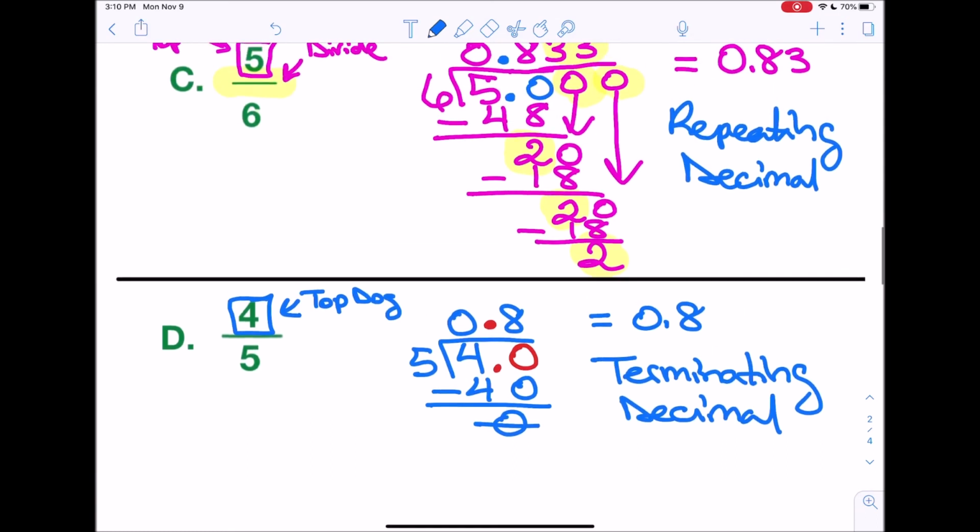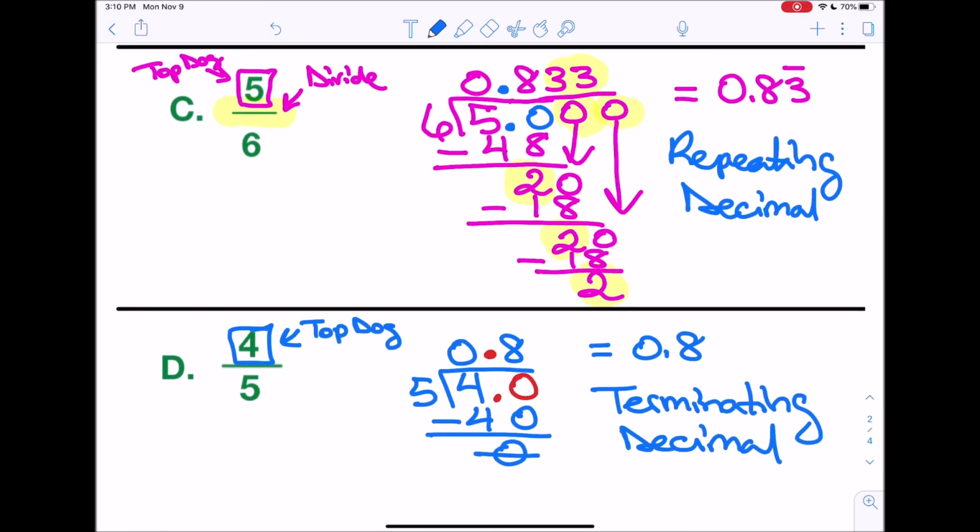Okay, and if you're still a little fuzzy on how to change fractions into decimals, how to divide the numerator, or your top dog, by the denominator, the bottom number, please go ahead and look at the lesson video of how to convert or change fractions into decimals. But there you have it. Terminating decimals end with no more remainder.